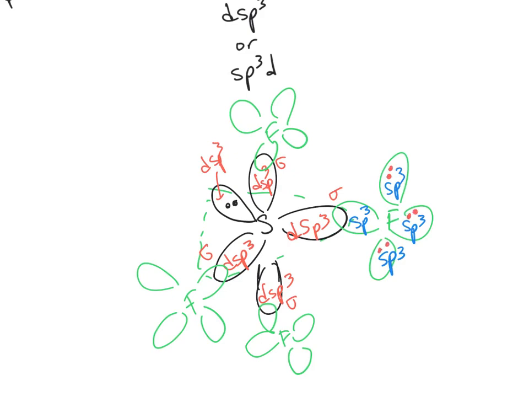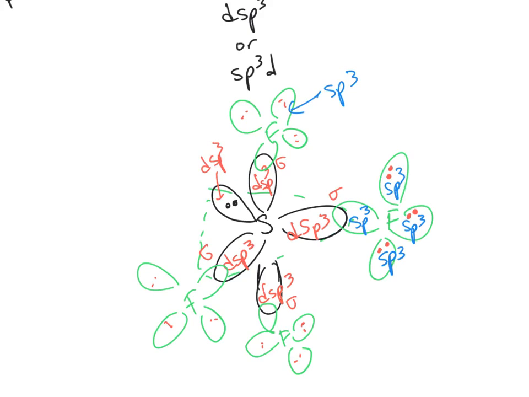Okay, so 3 sets of lone pairs, and then 1 sigma bond. So you want to do that for each one. Label each one sp3, and you can continue to fill that out. All right, then 2 more to go.